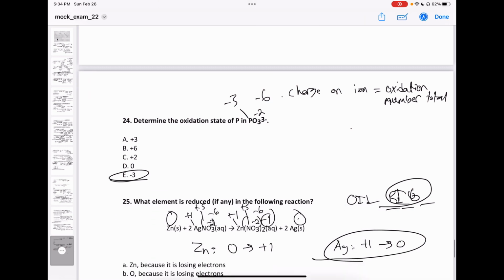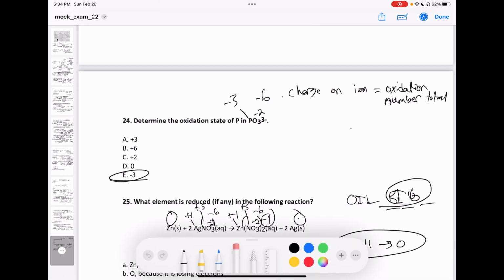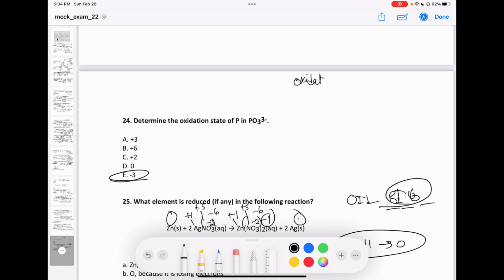Okay, all right. Made a mistake on that. So, determine the oxidation state of P in this phosphite anion. So we know that the oxidation number total must equal the charge for an ion.